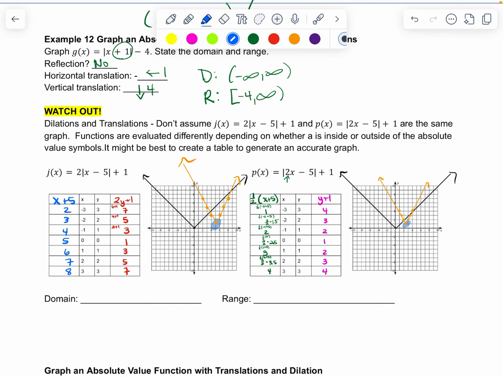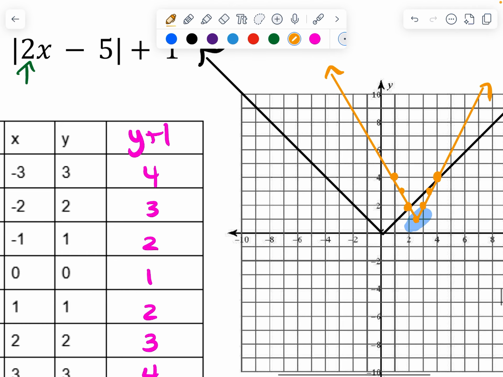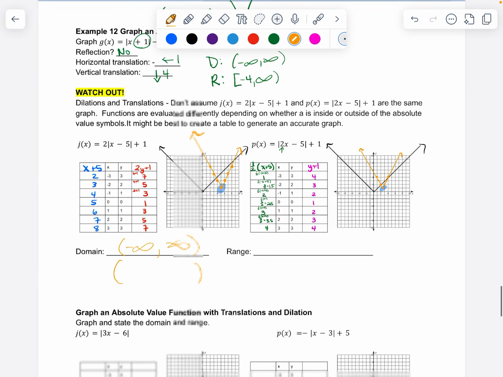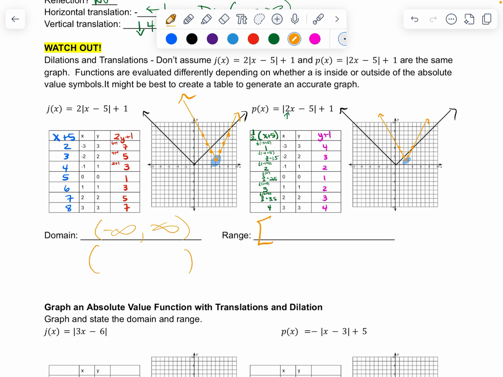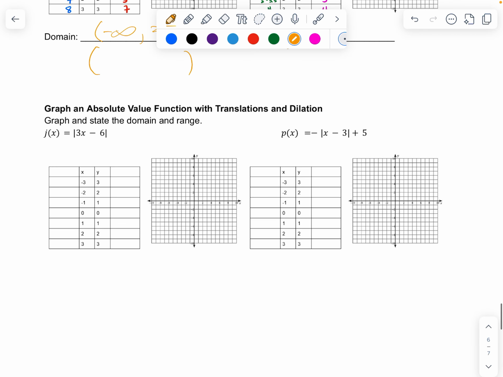Okay, the range on this one, well, actually, they both go down to 1. So 1 to positive infinity. Okay, almost there.